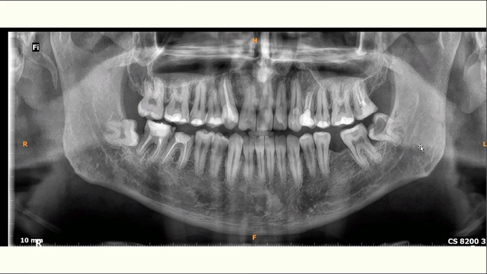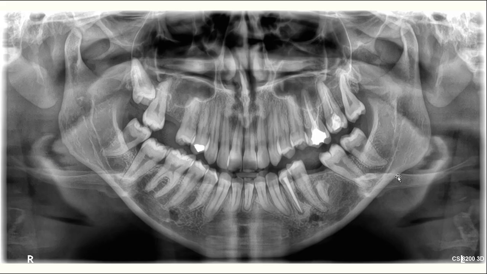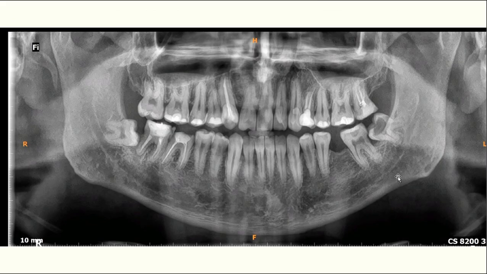So here I would order a CBCT for this patient, and the loss of the white line. Sorry, I made one extra actually. The loss of the white line, the darkening, and the diversion of the canals, and the narrowing of the canal. Bifid roots, darkening of the roots, and narrowing of the roots.